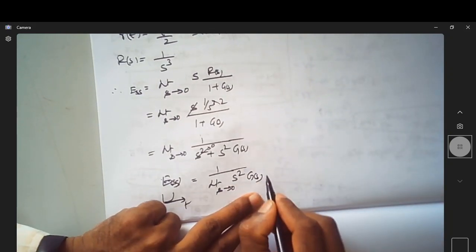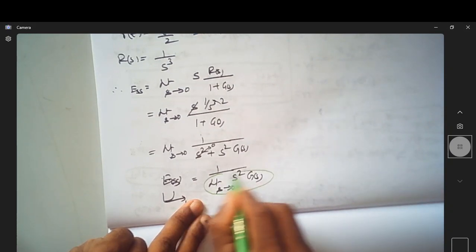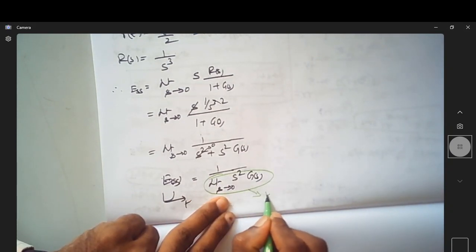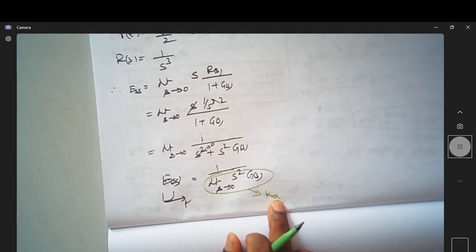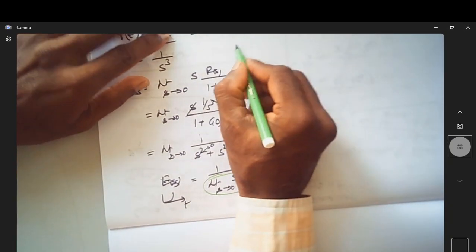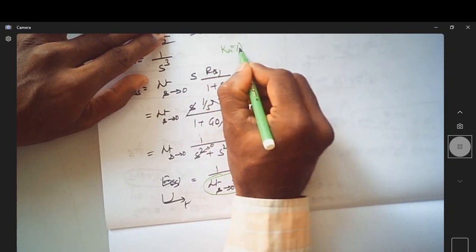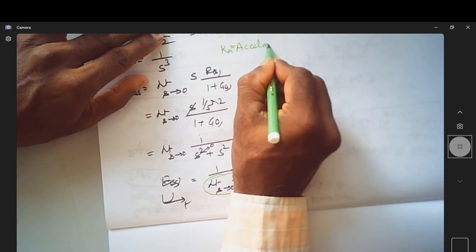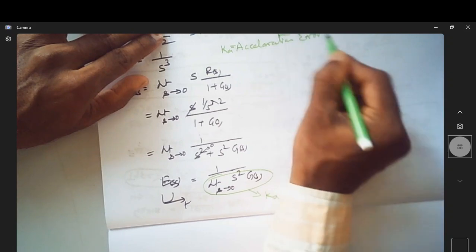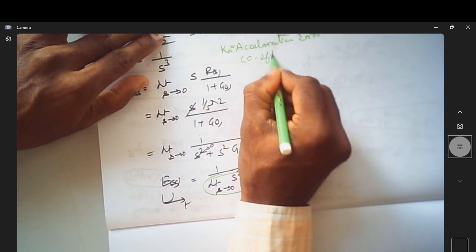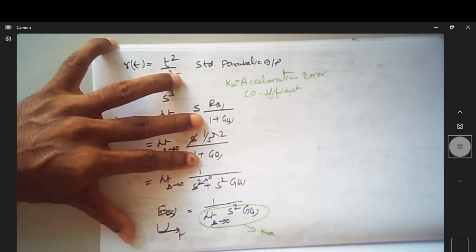This term we call KA, the acceleration error constant or coefficient.